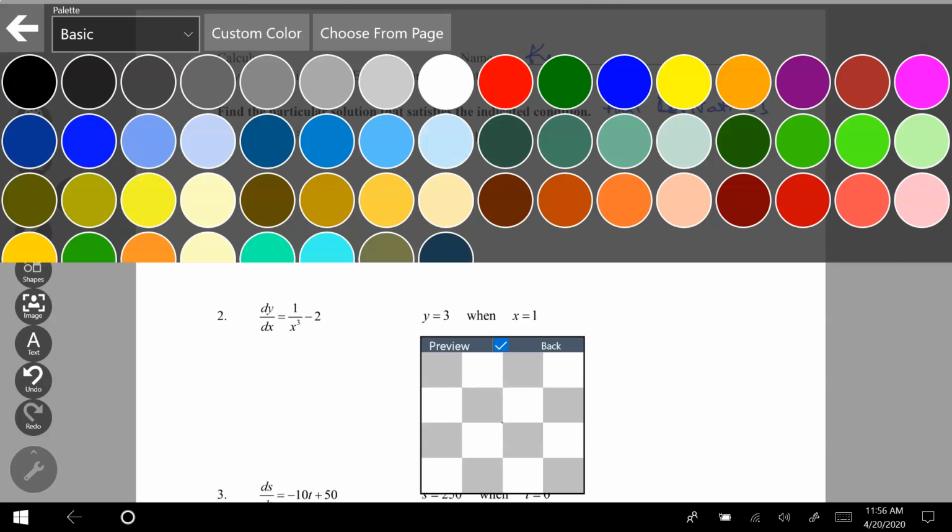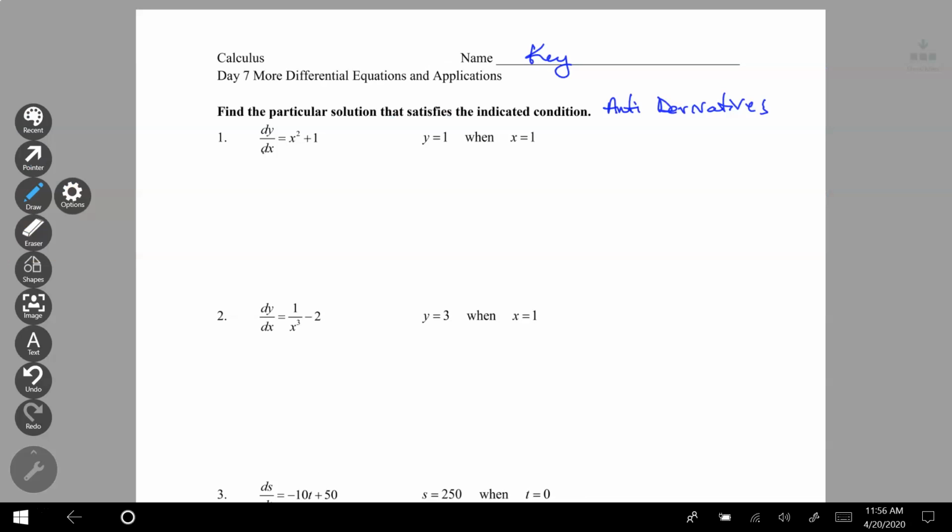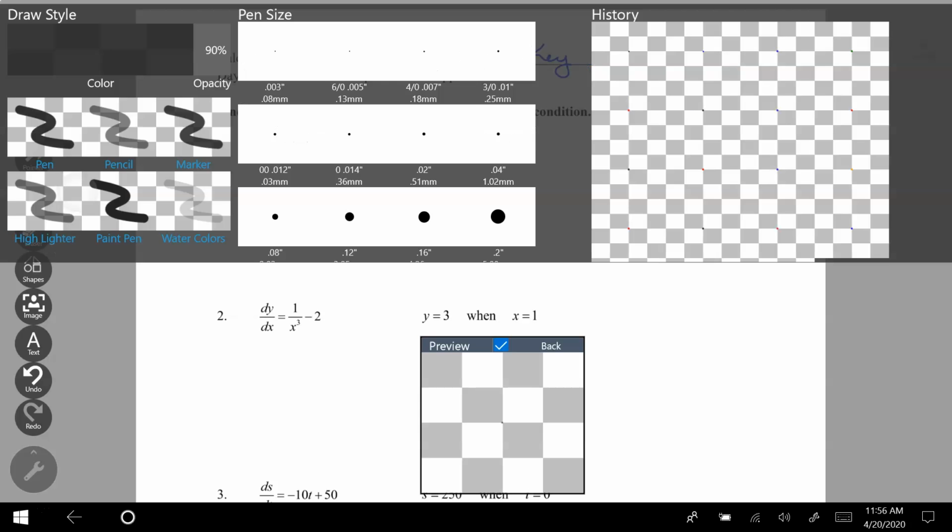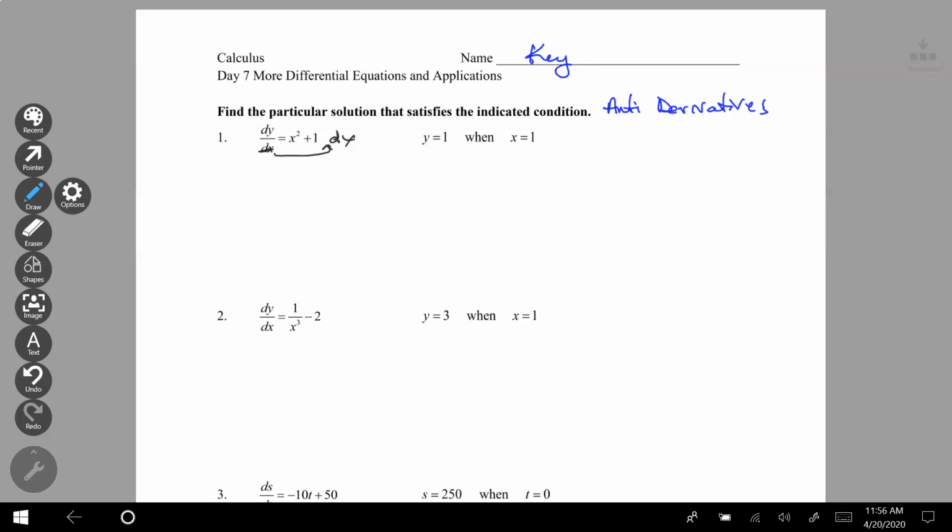So I need to bring this over here and put the dx over here. And then I have to take its antiderivative or integral, and I get y equals 1/3 x cubed plus x plus c. And I have this initial condition of (1, 1) that I'm going to use in my problem.